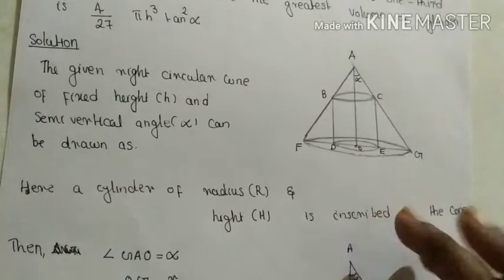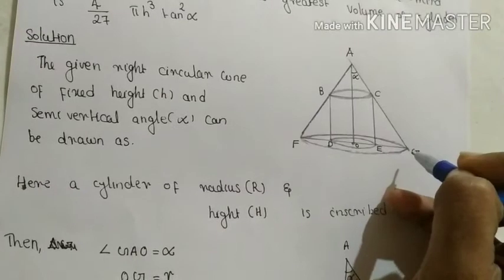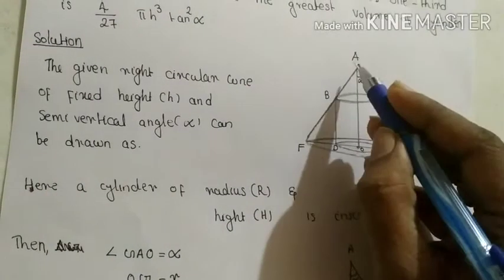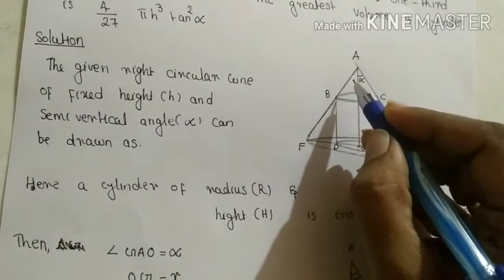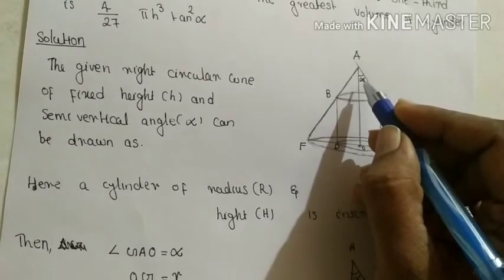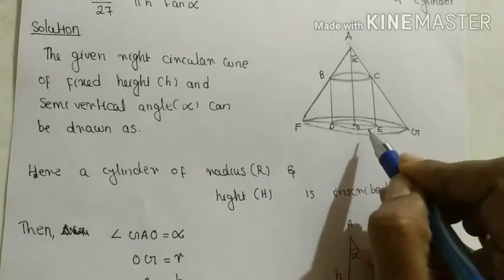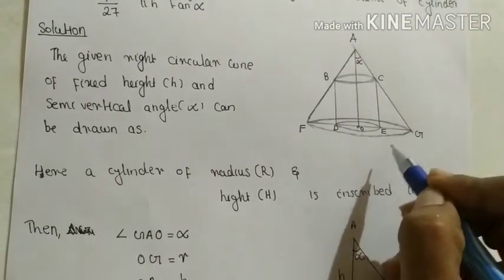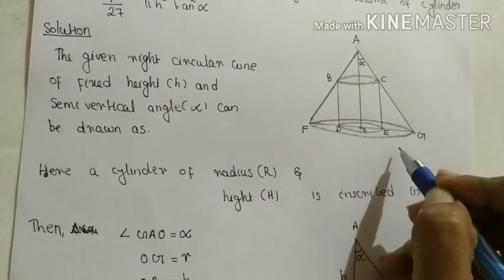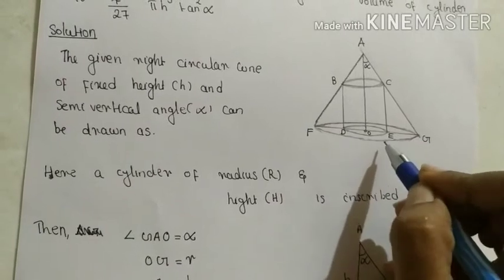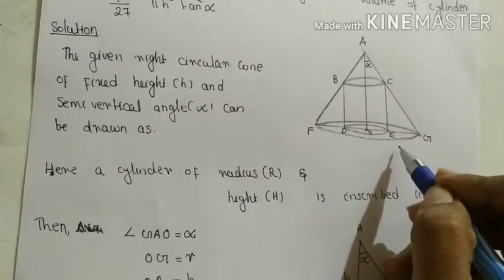Given that angle GAO is equal to alpha, that is the semi-vertical angle, and OG is equal to small letter r, the radius of the right circular cone.